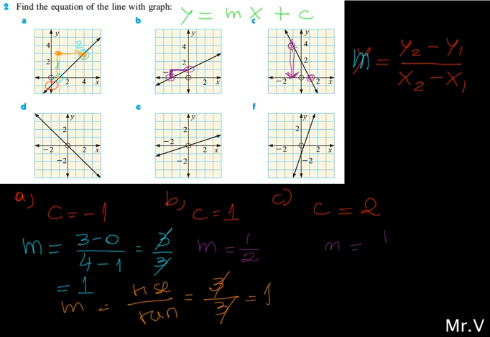By going down, the direction is negative. So negative 1, 2, 3, 4, negative 4. And my run, from this point over here, is 1, 2 units. There you go. Simplify. This is the slope.